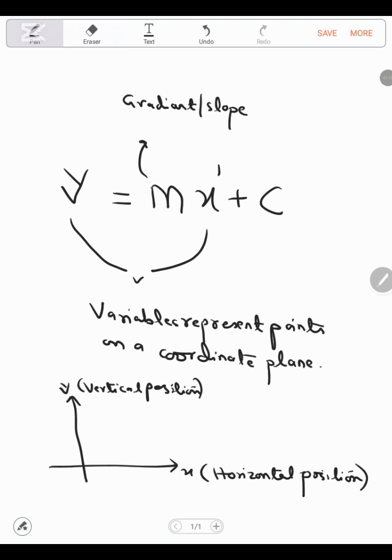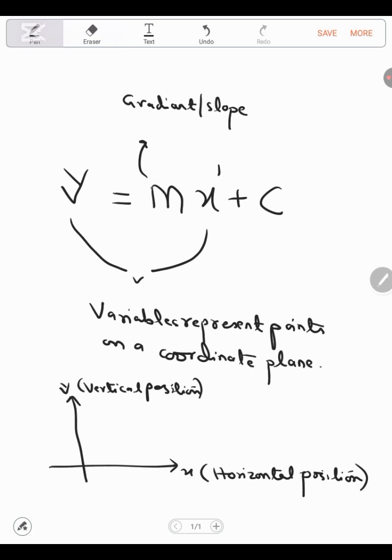It basically refers to how steep the line is, or the direction of the line, whether the line is going upwards or whether it's tilted towards the x-axis. We can also calculate it as the change in y, that is the rise in the y coordinates, divided by the change in x, that is the run.